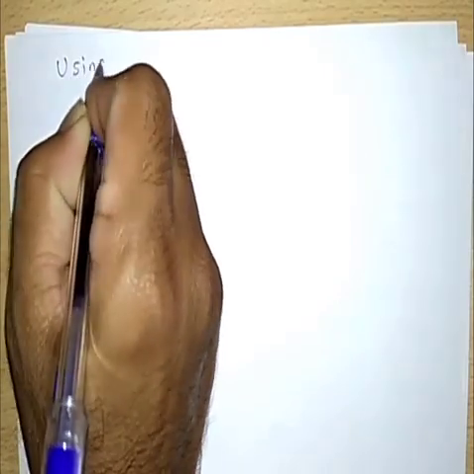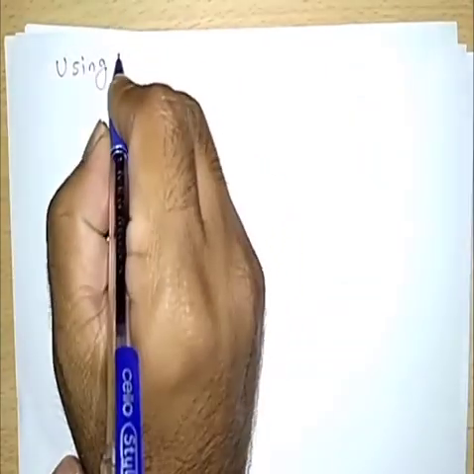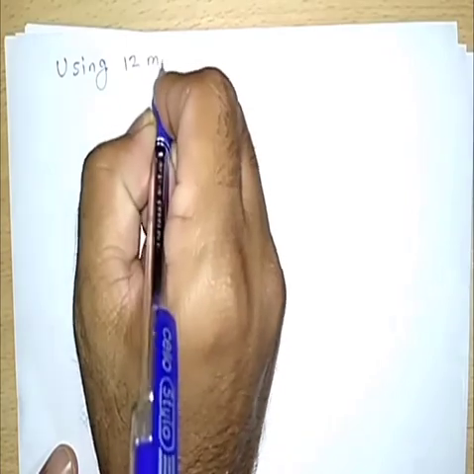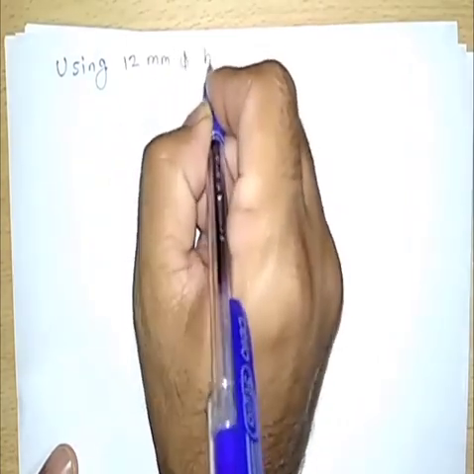So once you have got AST, you can write down using 12 mm diameter bars.